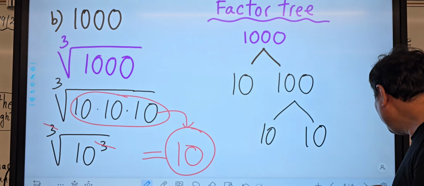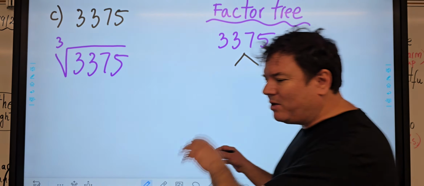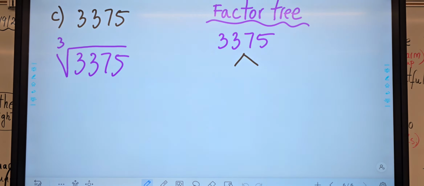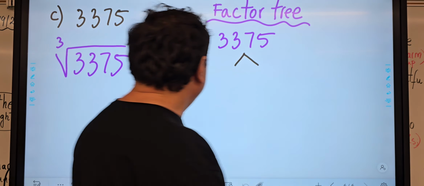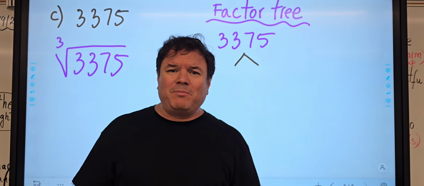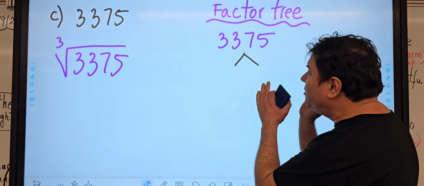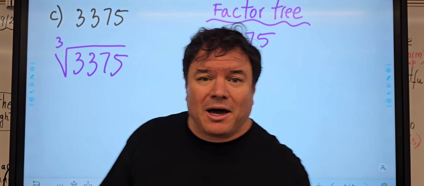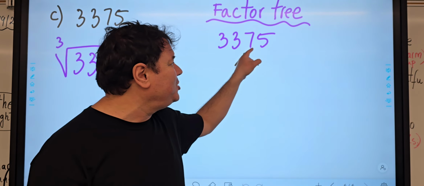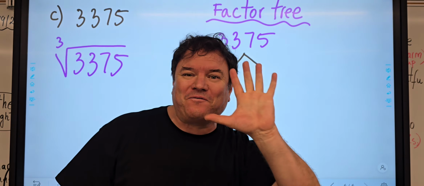Let's continue with our final example here. Now we have 3,375, and here I'm going to use a calculator. We can do long division, but because of time, we are just going to use the calculator. We know a really good fact: any number that ends in 0 or 5 is divisible by 5.